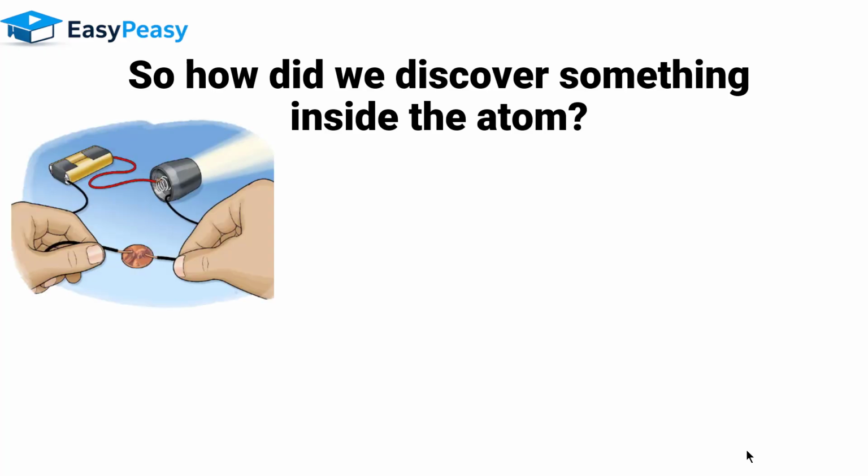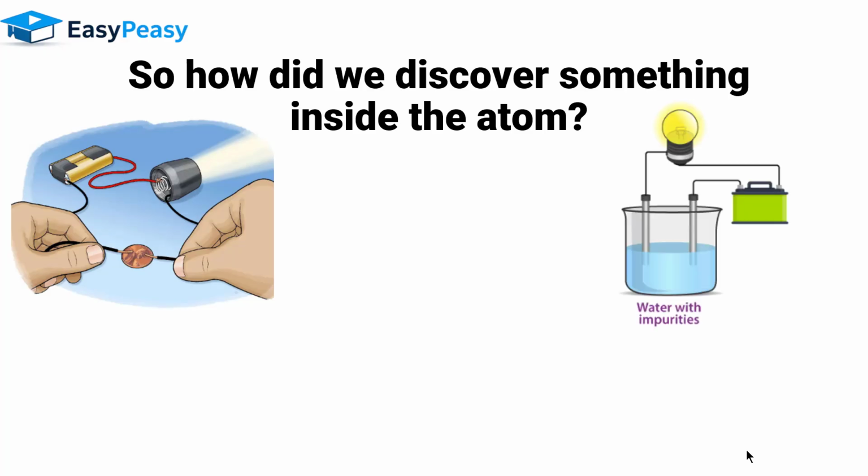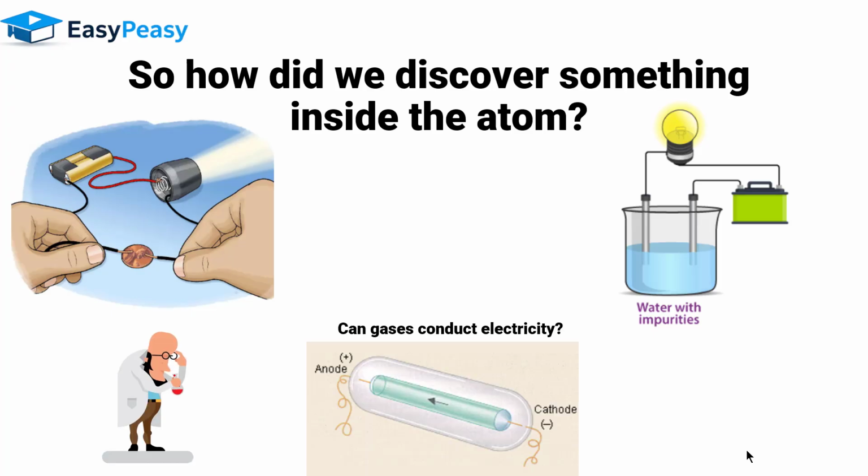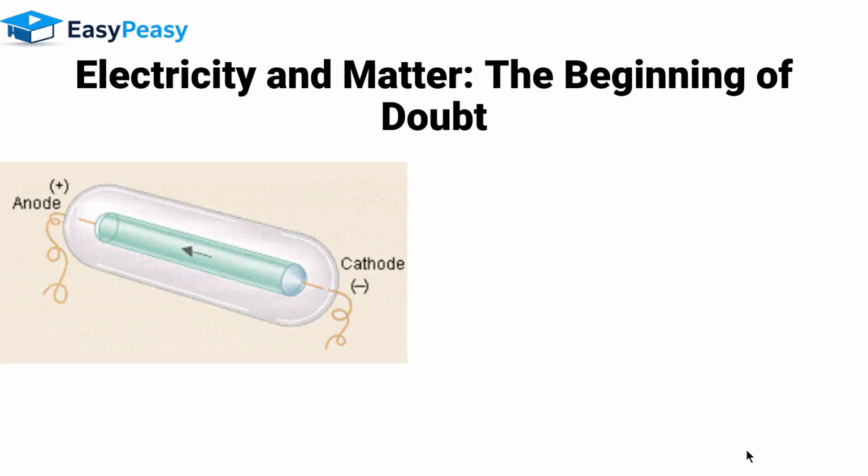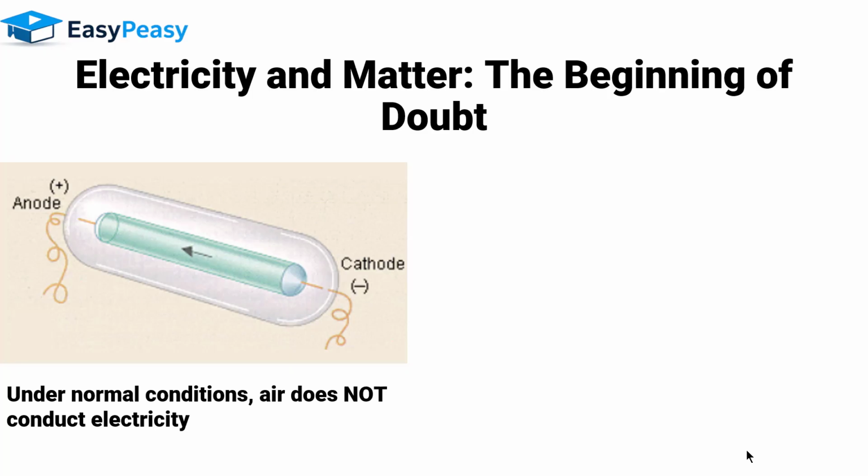Now, this story starts with the phenomenon of passing electricity through different matter. At that time, electricity could pass through solids or liquids, but the question is, can it pass through gases as well or not? When scientists tried to conduct electricity through a gas, it didn't conduct any electricity.